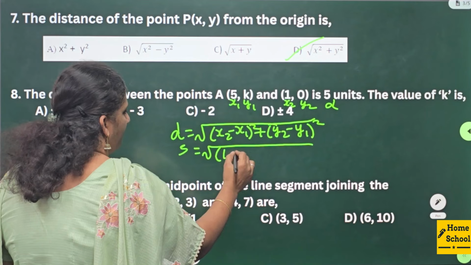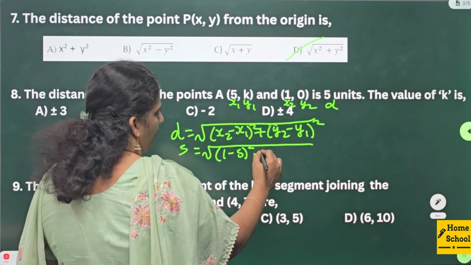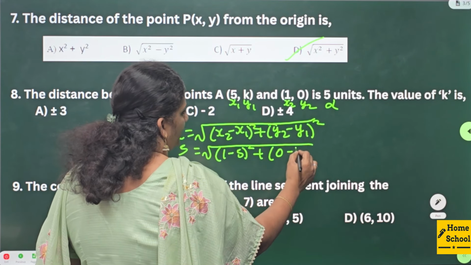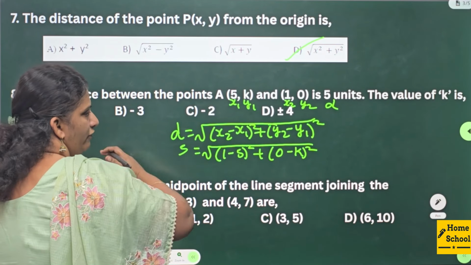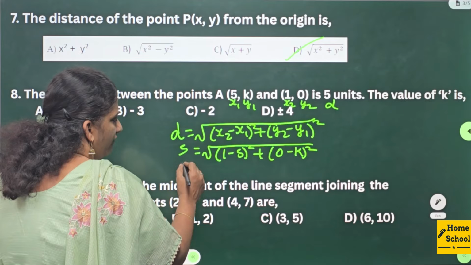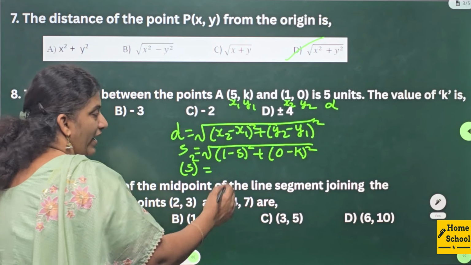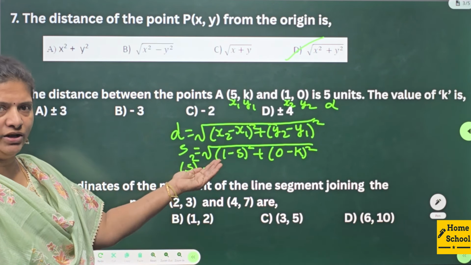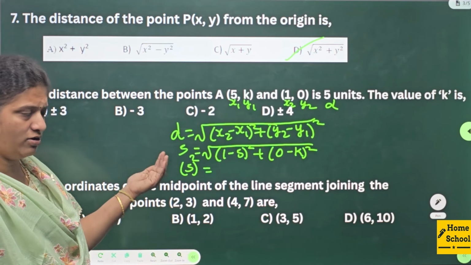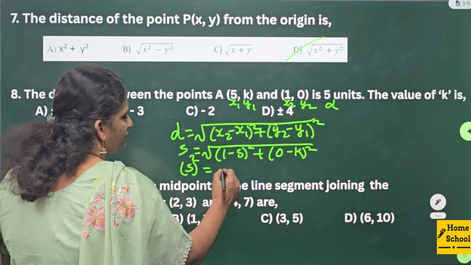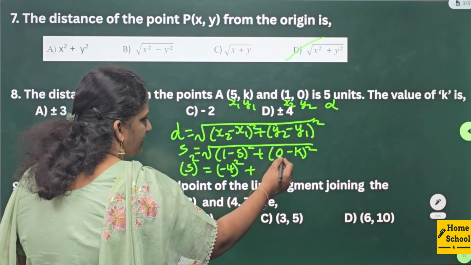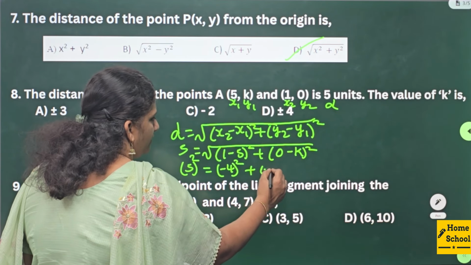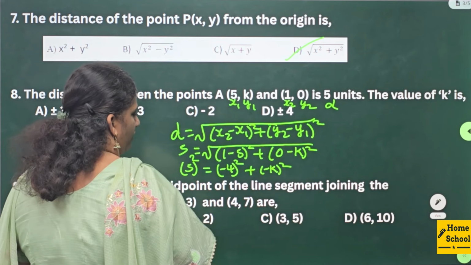Substitute: (1 minus 5) whole square plus (0 minus k) whole square. This square root, if you send this side, it will be a whole square. If we remove the root, we apply the whole square on this side. 1 minus 5 is minus 4 whole square plus 0 minus k is minus k whole square.